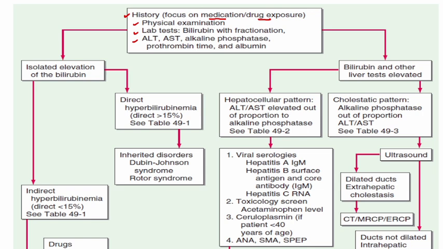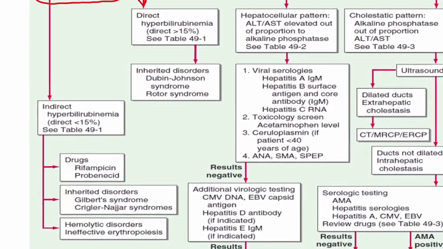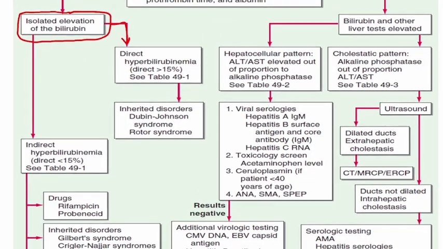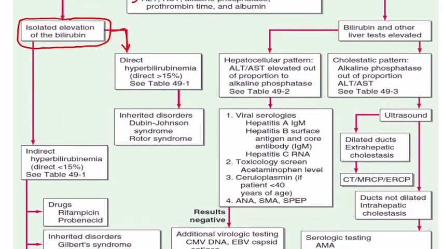Right. So if there is isolated elevation of the bilirubin, we have to look for whether it is direct or indirect hyperbilirubinemia. In the previous video, I have already discussed that we have to look at the direct fraction of the bilirubin only. If it is more than 15%, it is direct hyperbilirubinemia.